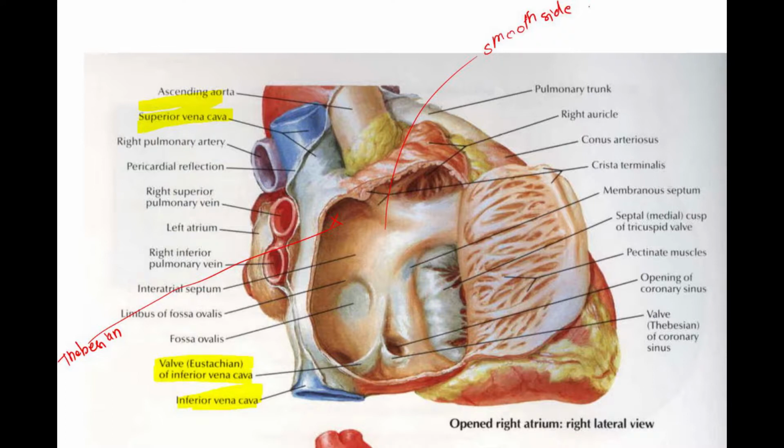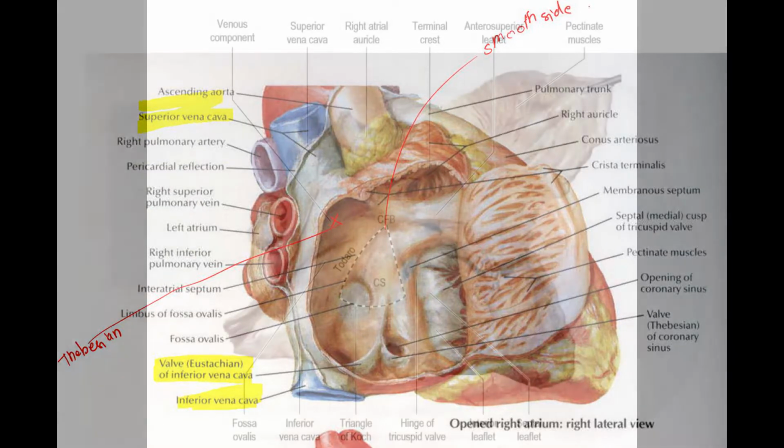If you trace downwards from the eustachian ridge, you can see the flap that guards the coronary sinus. The coronary sinus opens into the venous atrial component between the orifice of the inferior vena cava and the fossa ovalis. The fossa ovalis is the remnant of the embryonic period, and it's a major landmark.